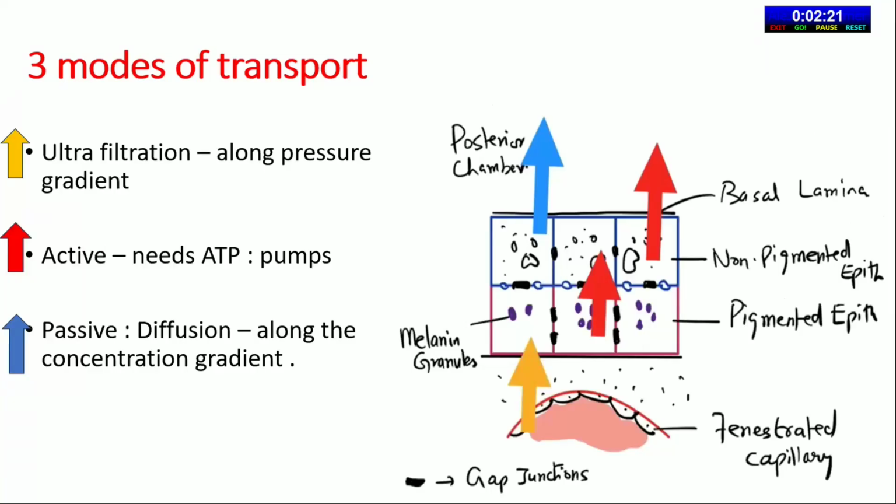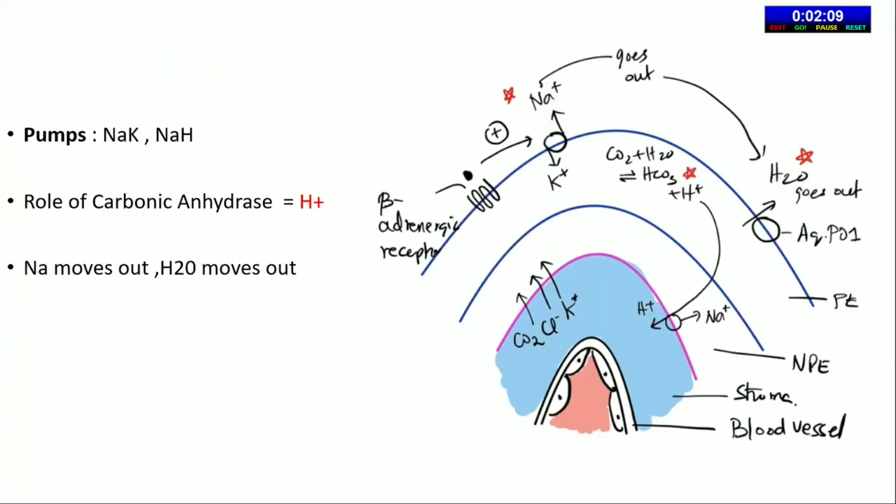First mode is ultrafiltration, that is along the pressure gradient. Second is the active, which needs the ATP pumps, and third is the passive, which is diffusion along the concentration gradient. So the pumps are the sodium potassium pump and sodium hydrogen exchanger. There is production of hydrogen ion, which leads to the drive of sodium, and sodium and water go out into the posterior chamber.